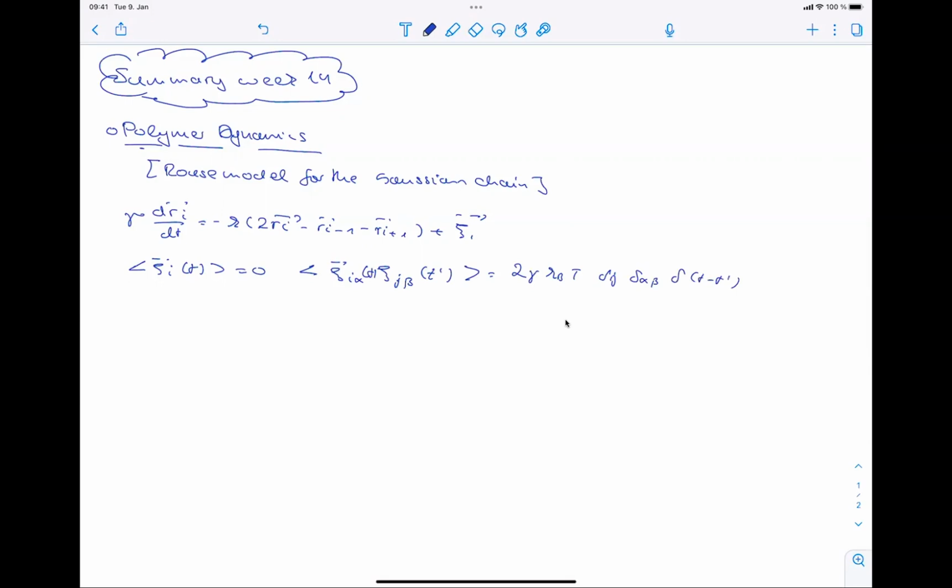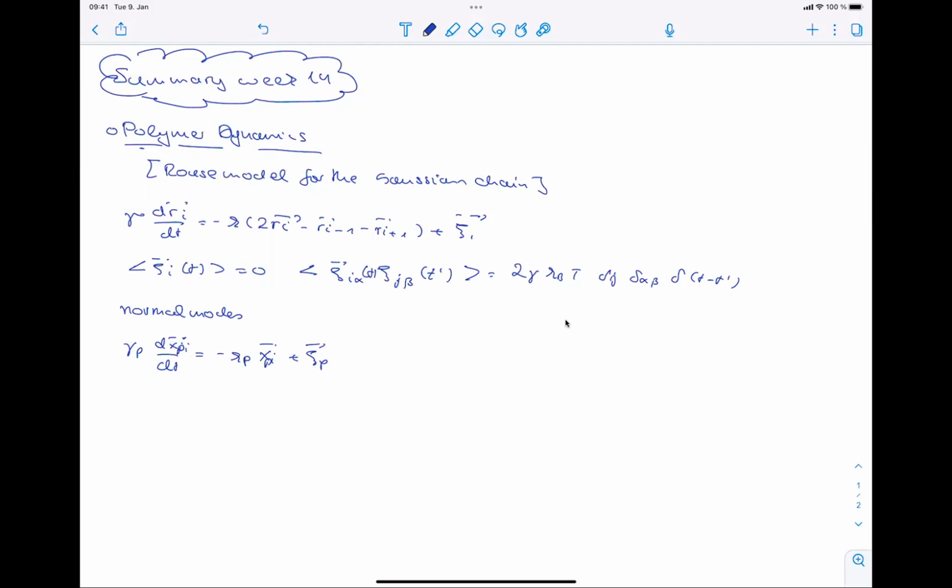And so the trick now was to go to a frame of the normal modes, where my set of equations can be written as rescaling the positions, the viscosity and the spring constant, such that I have a linear equation and noise as well.